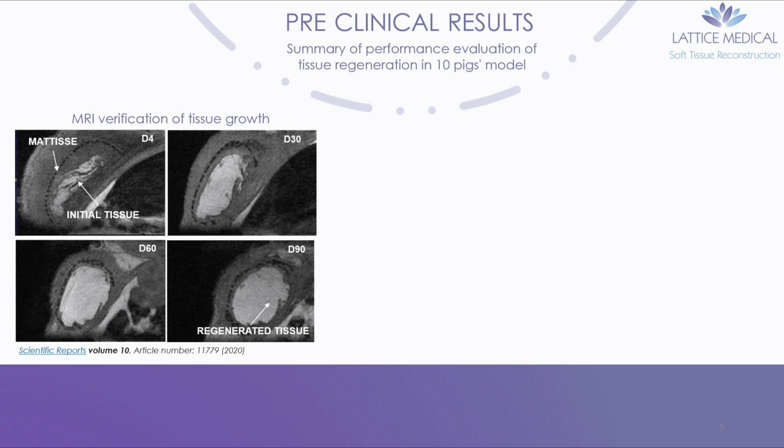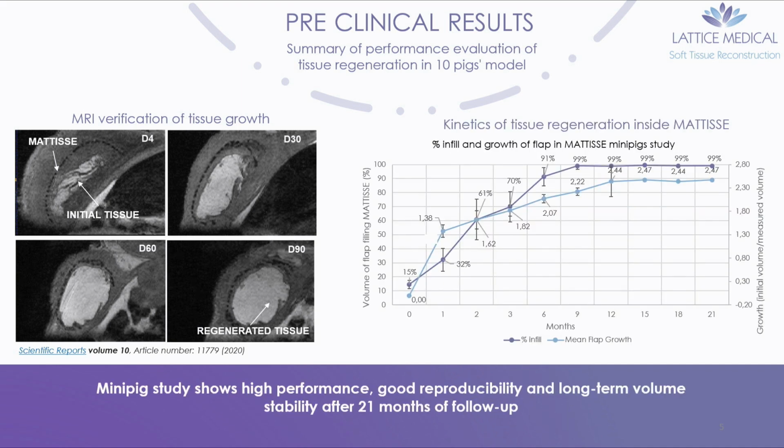According to MRI images, you can see the fat flap, shown in white, grows over time under the Lattice implant, represented by black dots. At day 90 post-operative, the regenerated tissue is present totally inside the implant.